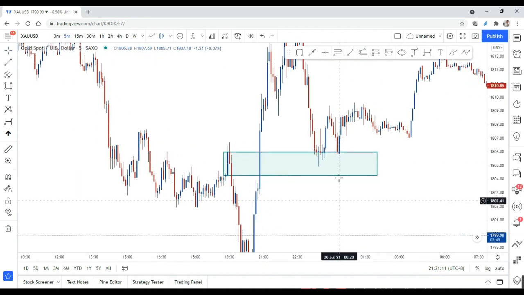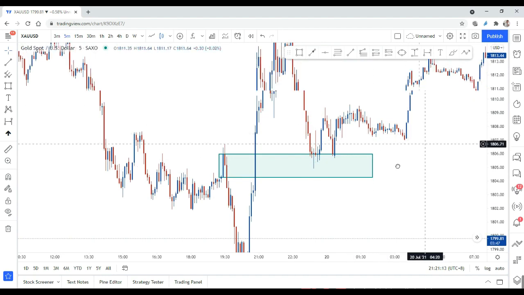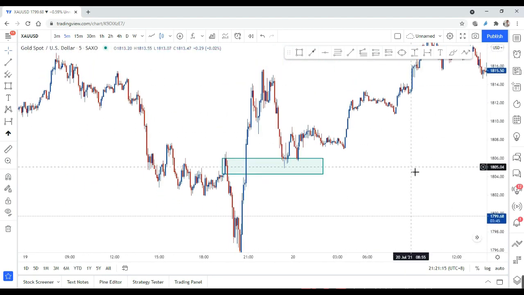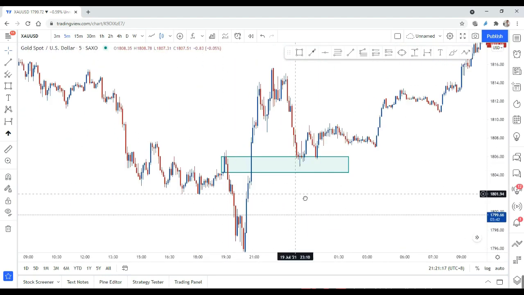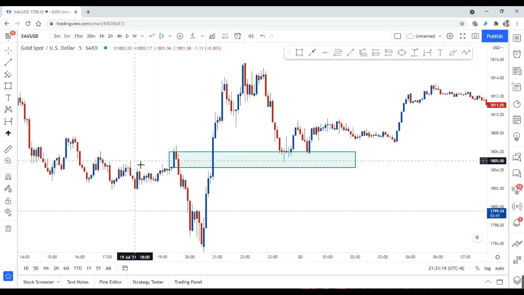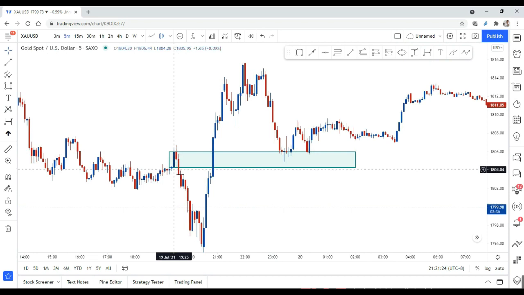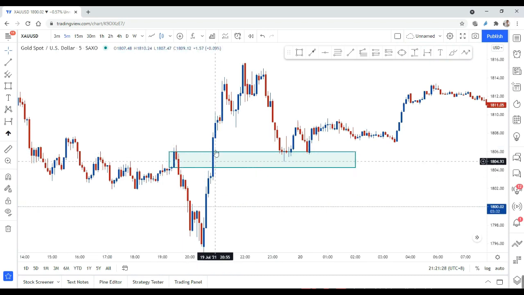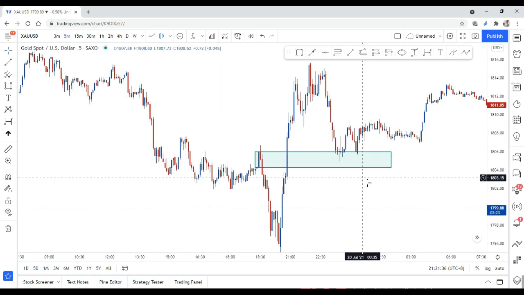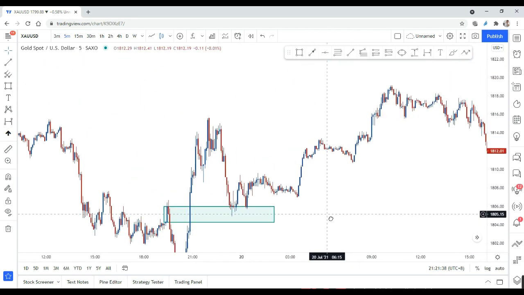The price came into this area and then rose. Same kind of setup. There is a gap left and right, a fresh zone, and then a powerful single candle that breaks it, with no other disconnection. Price came to this area and then rose.